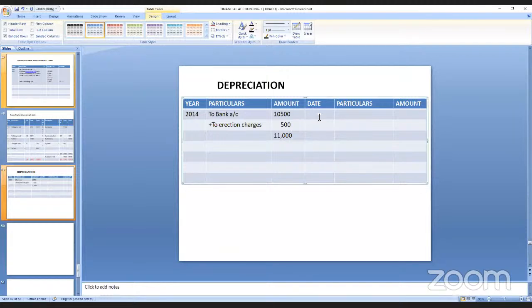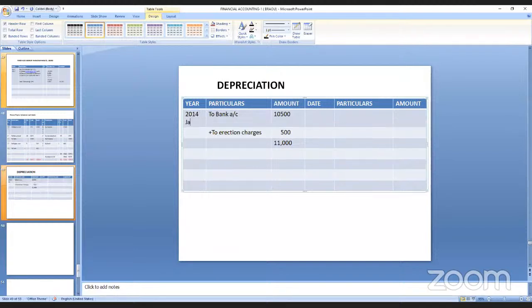Now, it is January 2014, it is January. Then when is the starting year? At the end, you have to write 31st December. Then it is by depreciation. By depreciation.